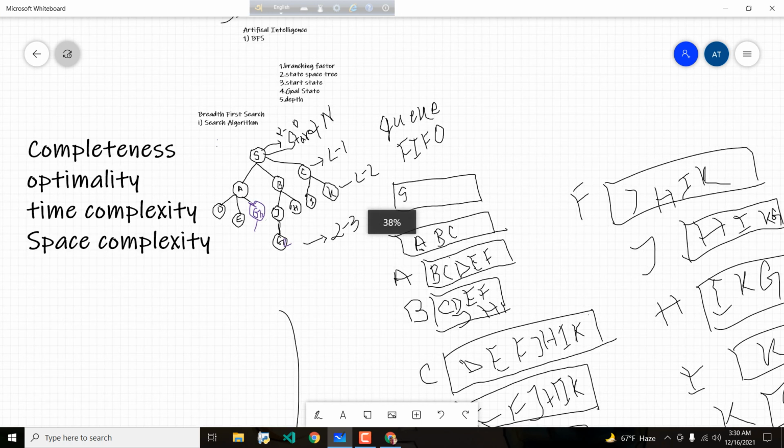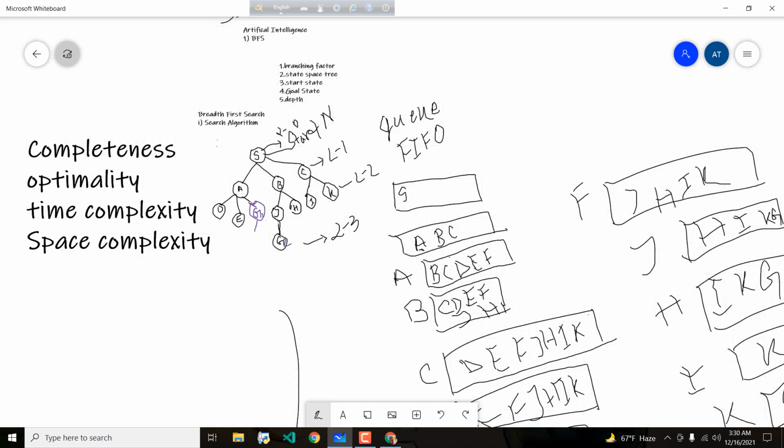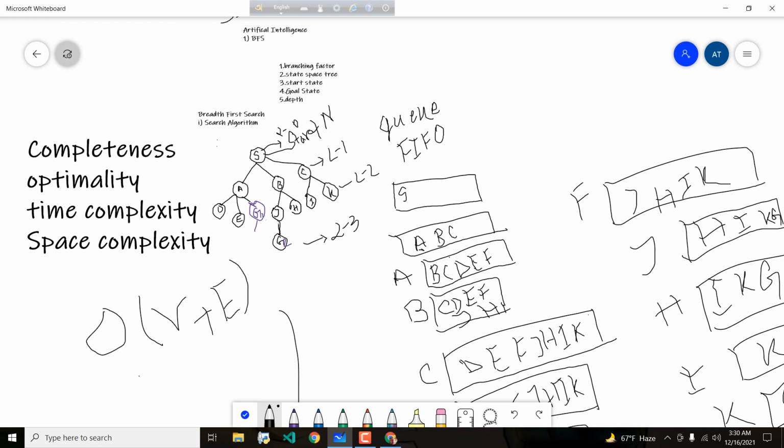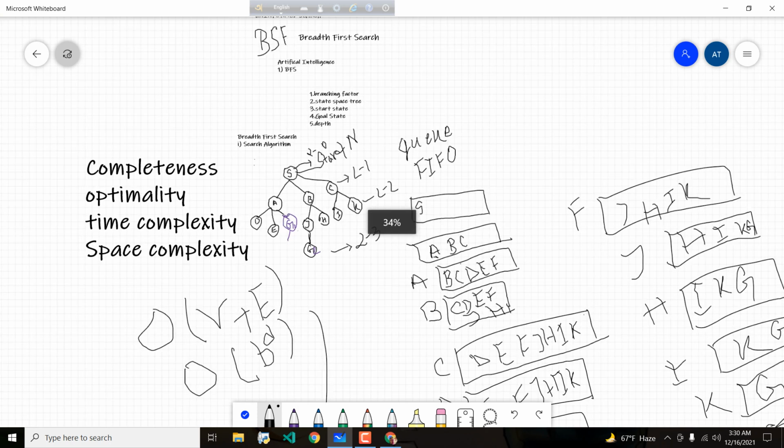In terms of time complexity, we know the linear time complexity was big O of V plus E, but in terms of AI, we don't use linearity, we use the exponential, big O of b to the power d.